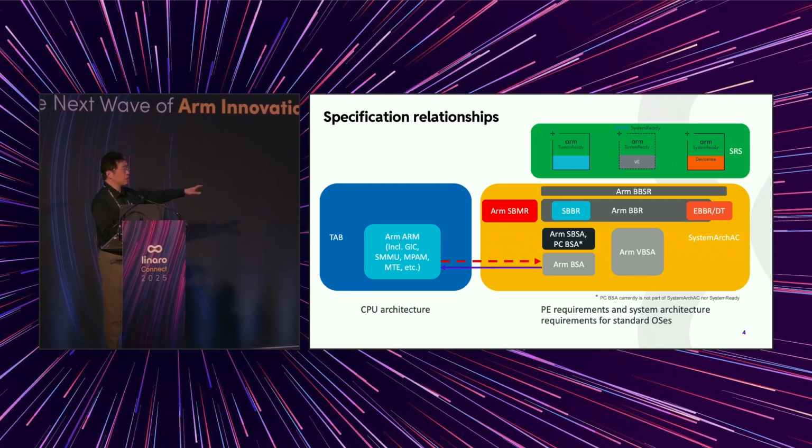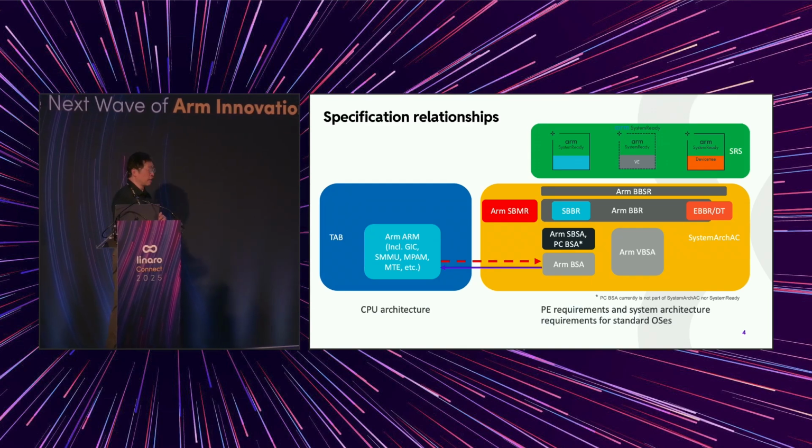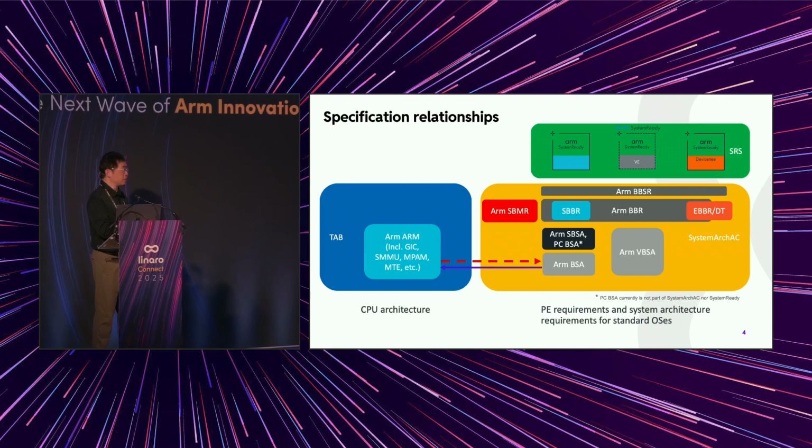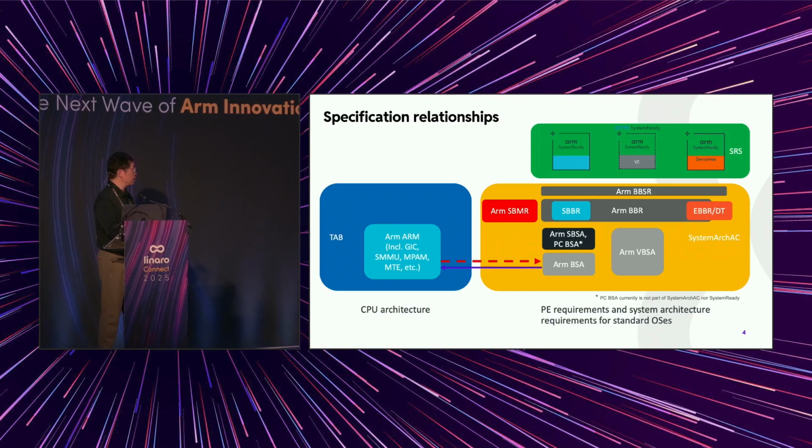What I'm going to be talking about is the right-hand side, where we define a bunch of hardware and firmware standards beyond just the CPU side. It certainly also refers to a lot of the CPU architecture requirements, but it's not only centered on the CPU side.